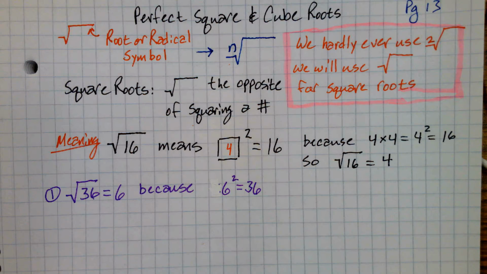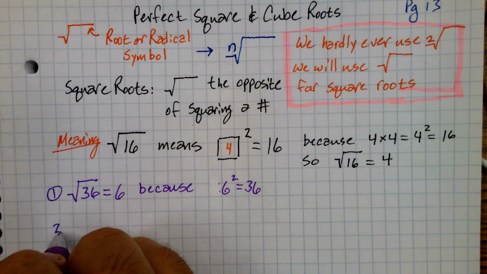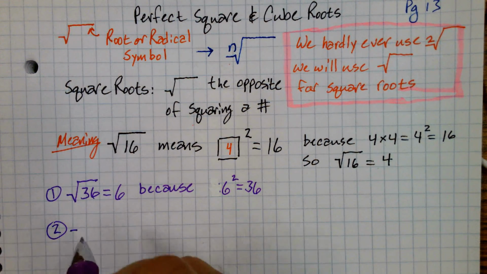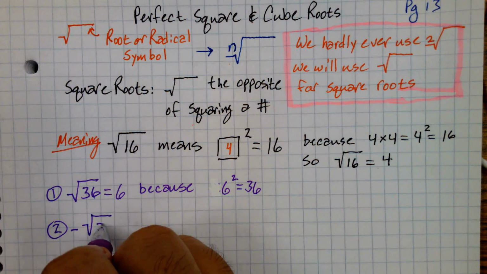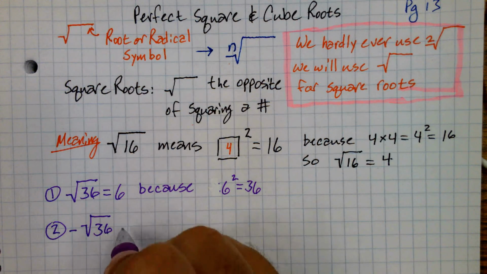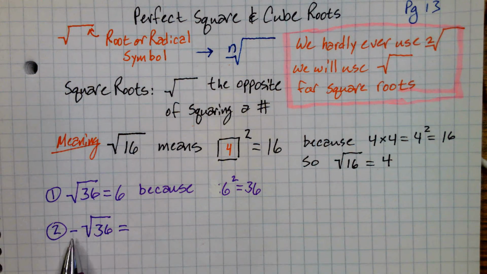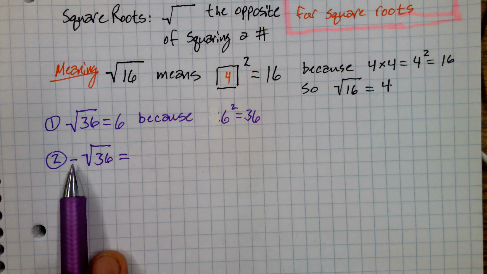All right. Now, what if I do this? Number 2, negative square root of 36. The negative's here, right? So the negative is there.